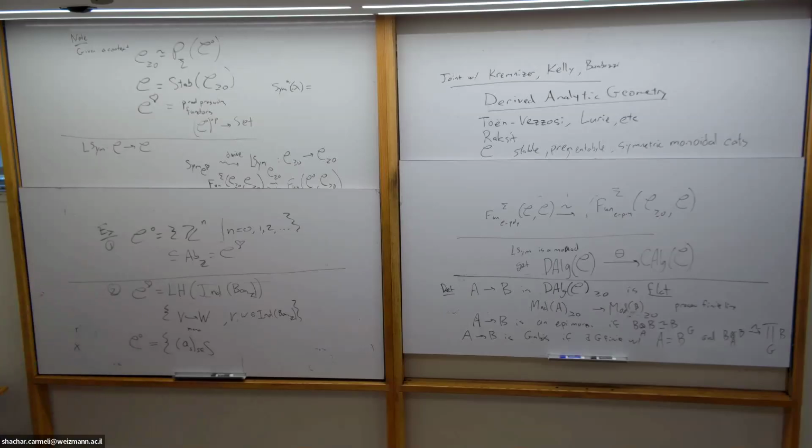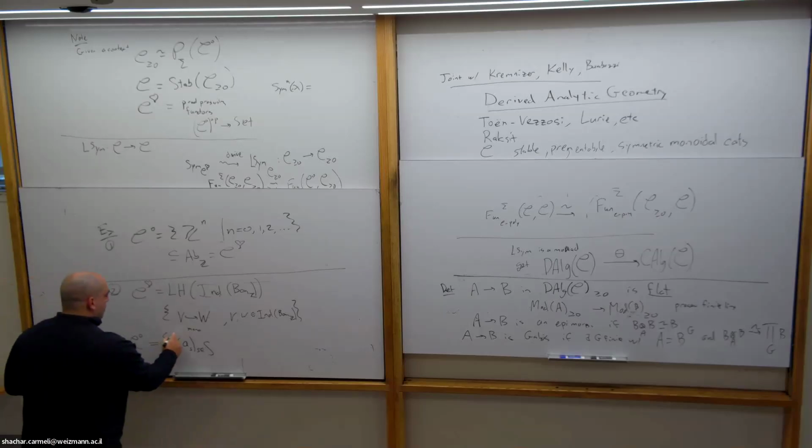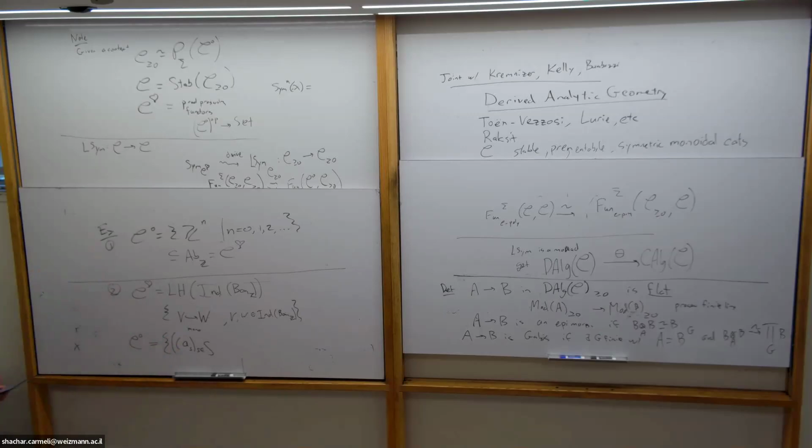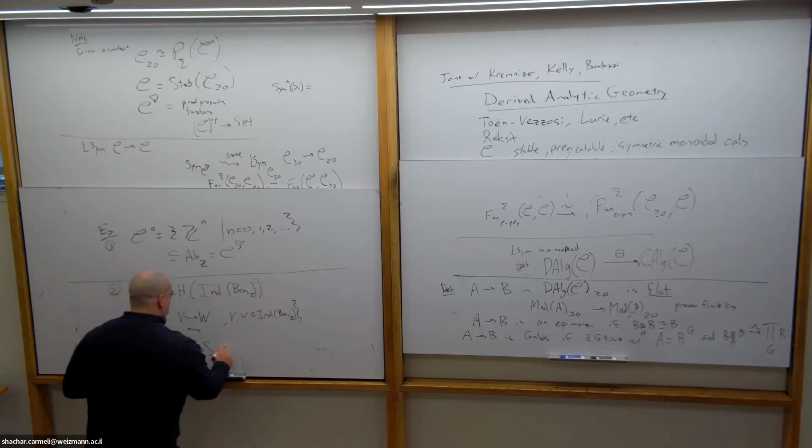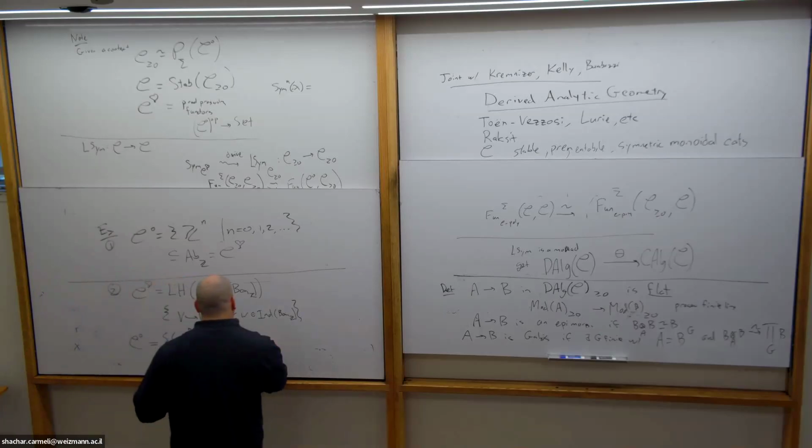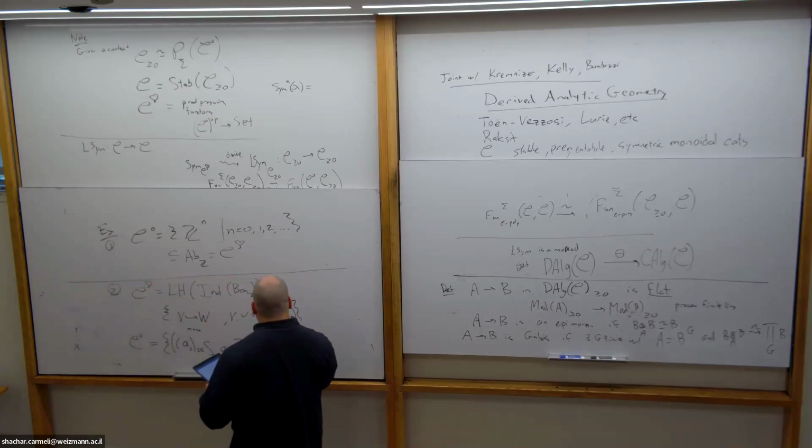So to specify an object of C0, I'm going to specify a bunch of integers, a_s in Z, and a function from S to the reals.